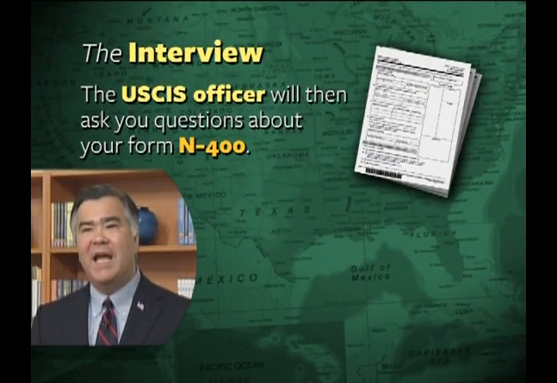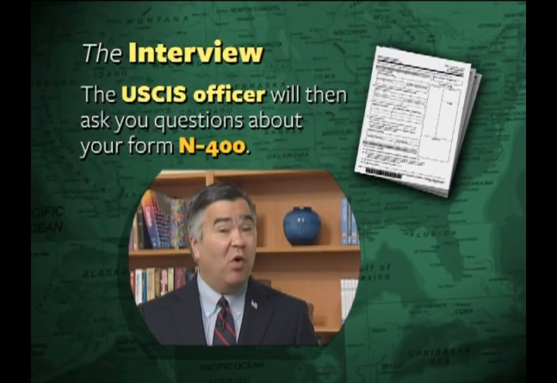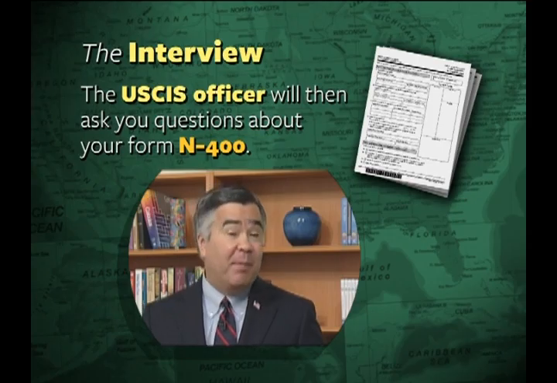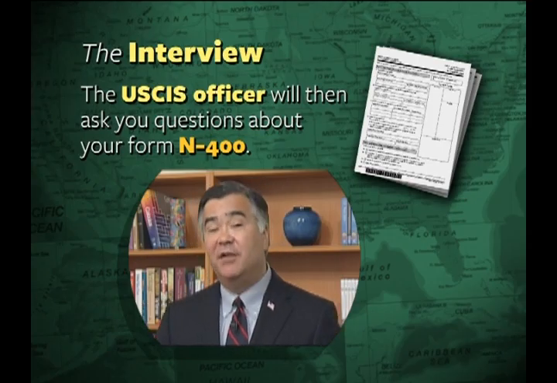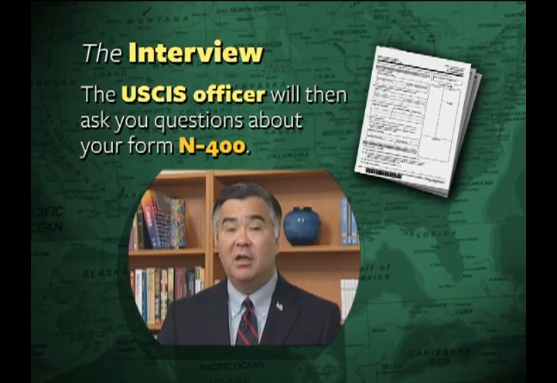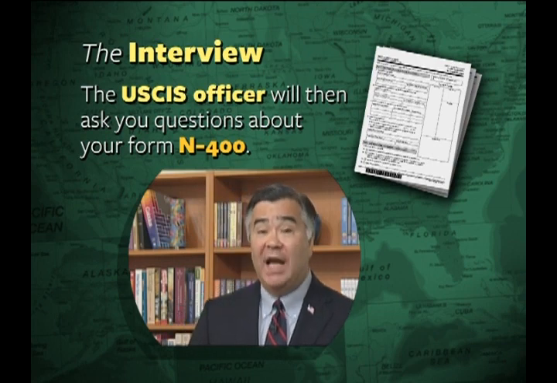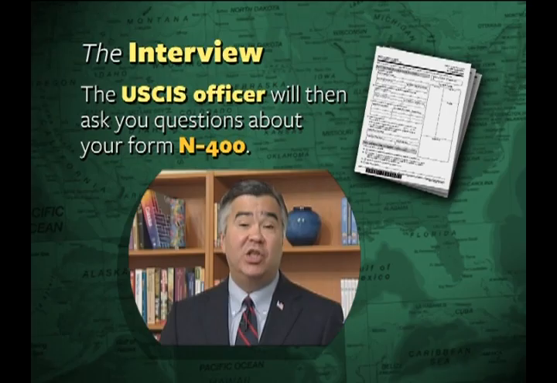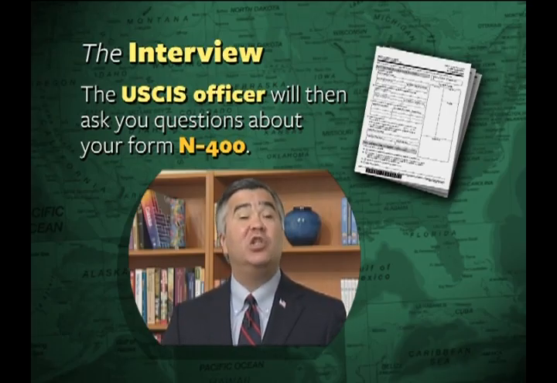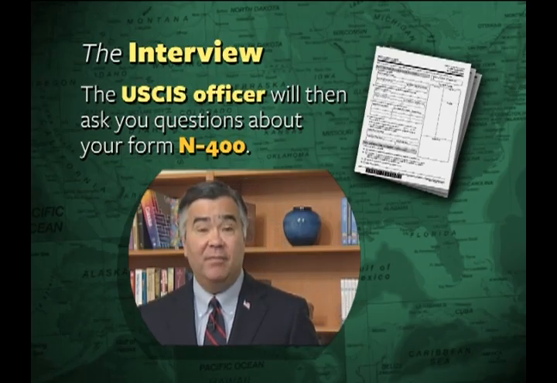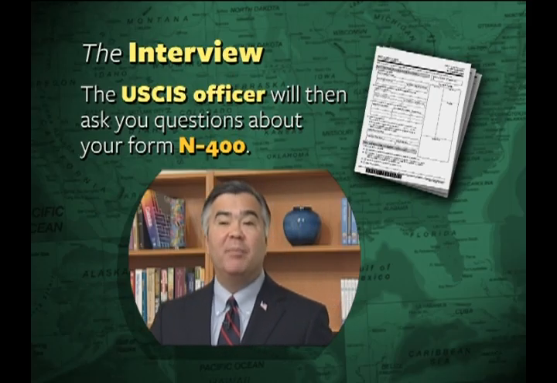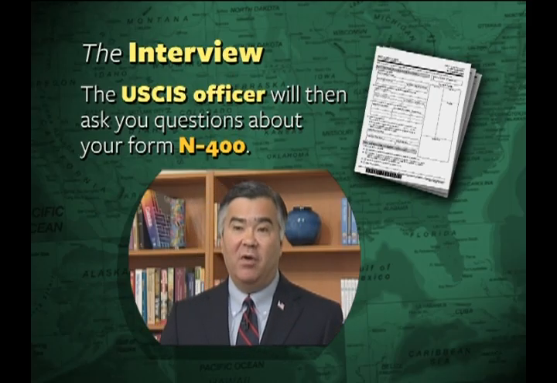The officer will then ask you questions about your Form N-400. The officer will probably have a copy of your form on the desk in front of him or her. First, the officer will ask you to raise your right hand and promise to answer these questions truthfully. That is, to be honest in everything you say. The officer will then read the form and ask you some questions about items on the form.